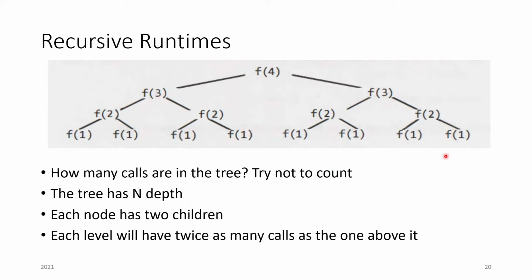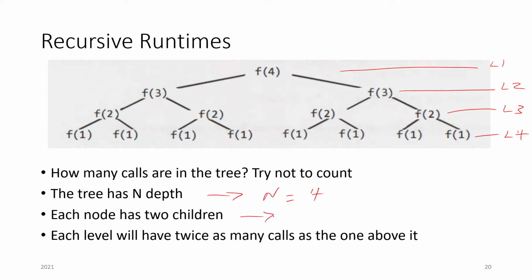So if I illustrate this, this here is L1, this here is L2, L3, and L4, where L stands for levels. So our levels represent the depth of the tree. The depth here, n, is equal to 4. And we have branches equal to 2.